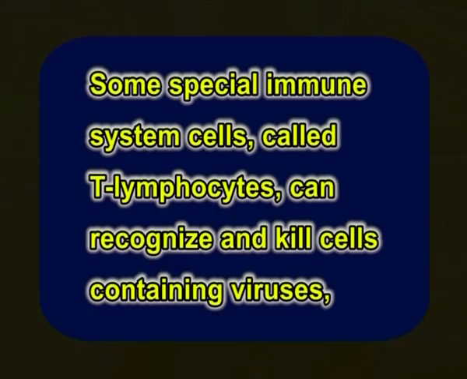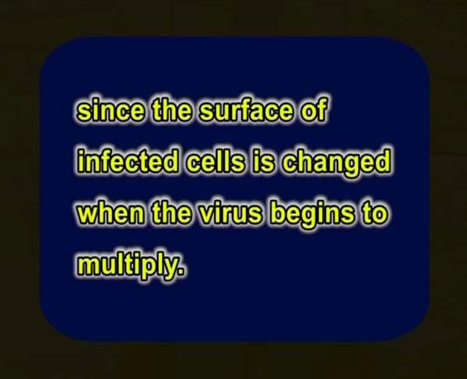Some special immune system cells called T lymphocytes can recognize and kill cells containing viruses, since the surface of the infected cells is changed when the virus begins to multiply. Many viruses, when released from infected cells, will be effectively knocked out by antibodies that have been produced in response to infection or previous immunization.